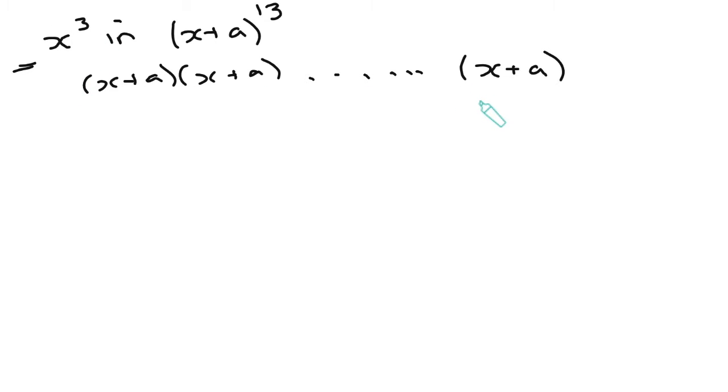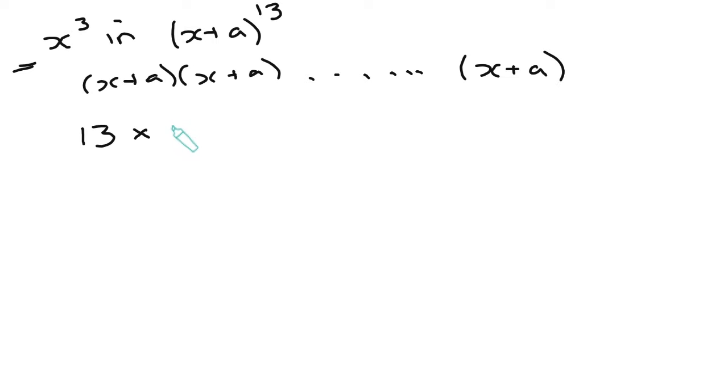So the question is, how many different ways can we choose 3 x's from all of these brackets then? Well, how many choices have we got for the first bracket? There are 13 brackets, so any one of those 13 could give us the first x. And then hopefully you remember from probability that once we've chosen that, how many choices have we got for where we get our second x from?